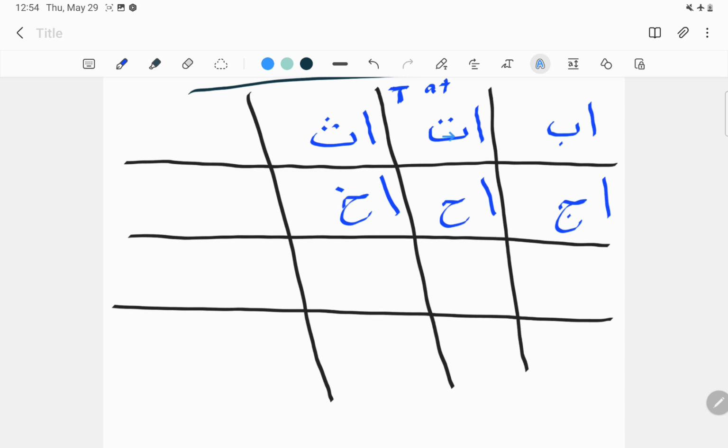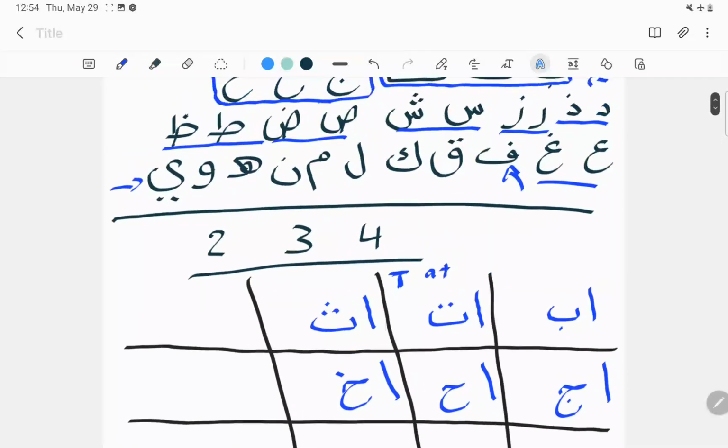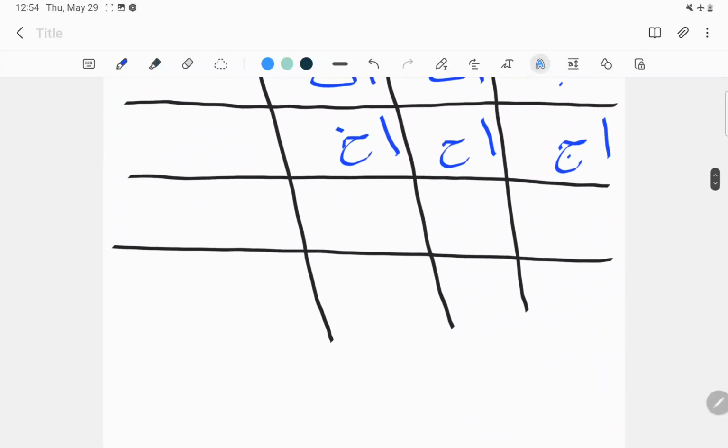By the way, some of those have a meaning, some don't. I'm not worried about that right now. We can learn meaning as we go later on, but for right now, you get the point. Let's take something from a different group, and you will notice something magical here.